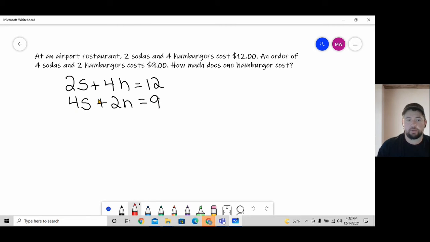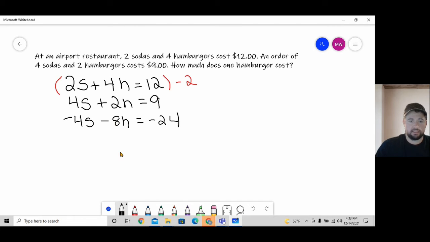I'm going to take my top equation. I want to know what my hamburgers cost, so I'm going to get rid of my s's. I'm going to take my top equation and multiply it times negative 2. And so that's going to give me negative 4s minus 8h equals negative 24.